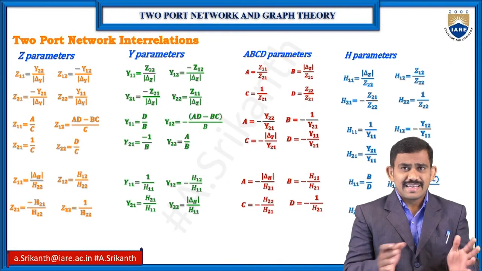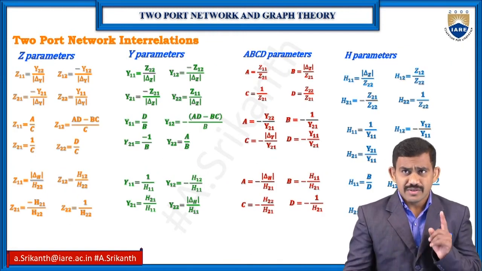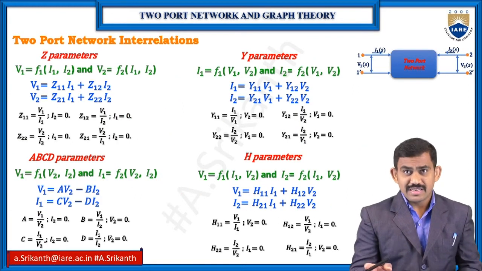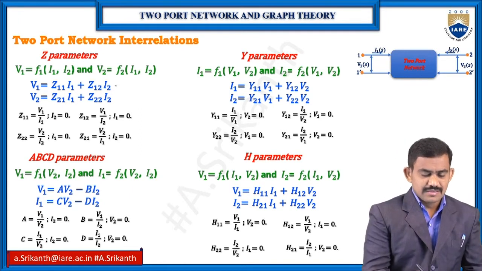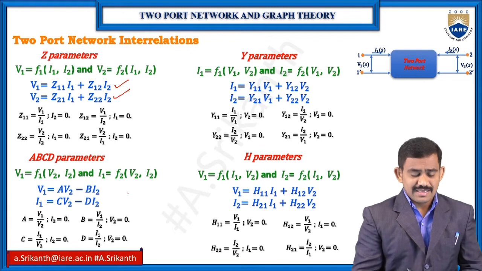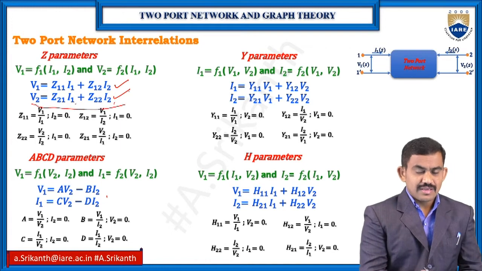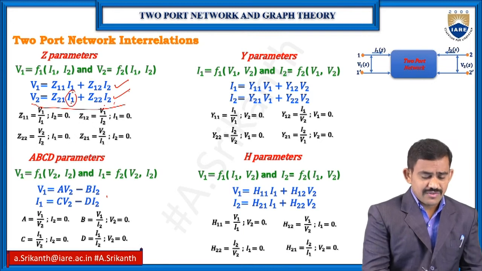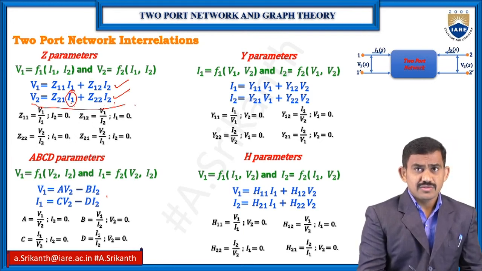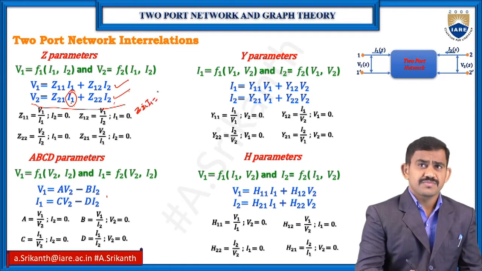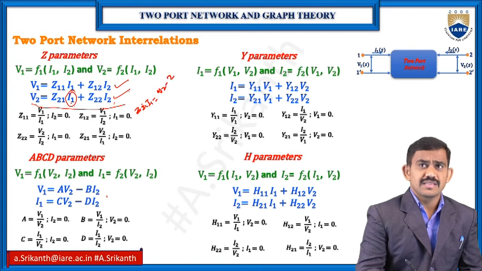And coming to the internal relationships: if I know one value, I can find out the remaining values. Before moving to internal relationships, observe the Z parameters and ABCD parameters. Here I have the V2 value in the form of I1 and I2. So from this equation, if I want the I1 value, Z21 I1 is equal to V2 minus Z22 I2.